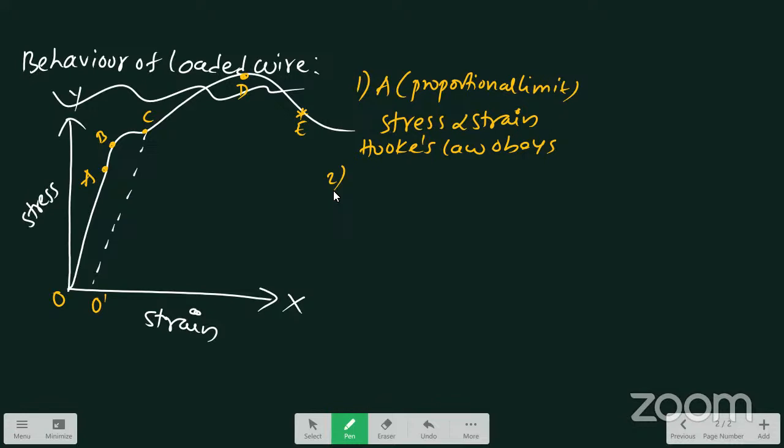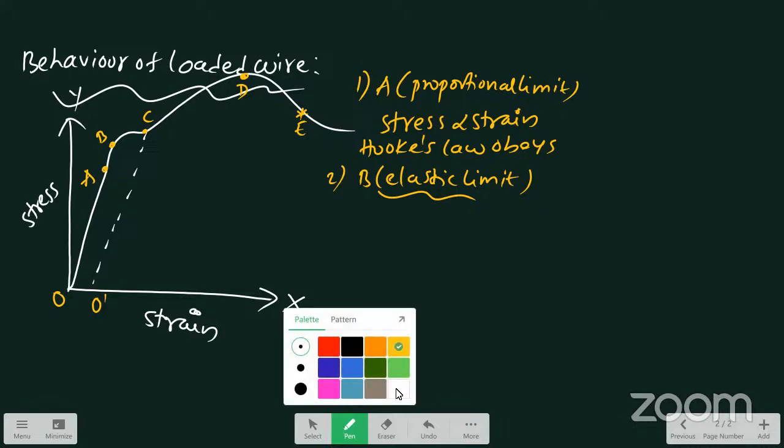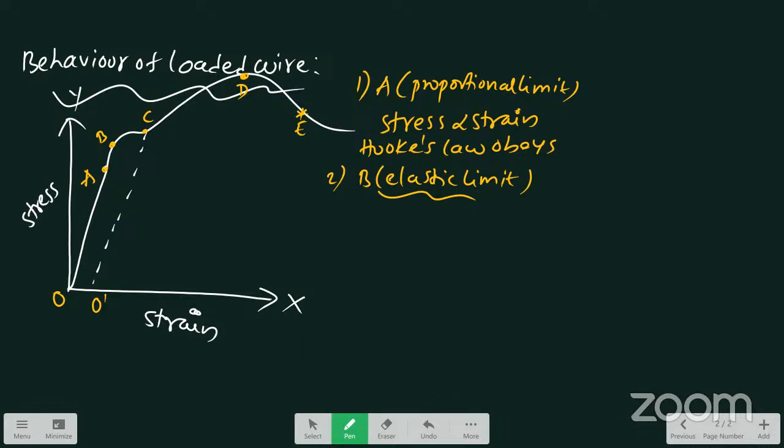B: elastic limit. Elastic limit means elastic nature is present up to B, just a slight variation. See, the slight variation means elastic nature is present, but Hooke's law is not obeyed.